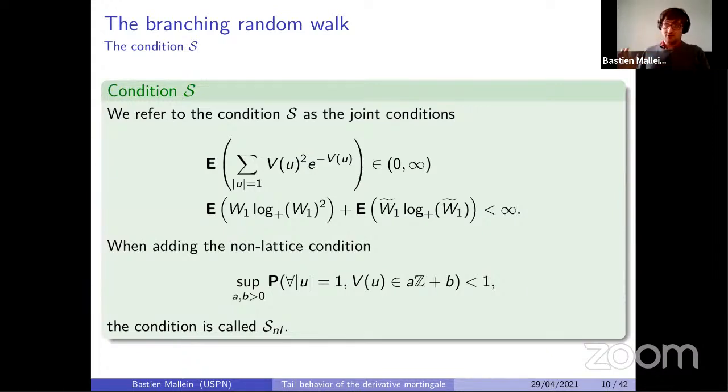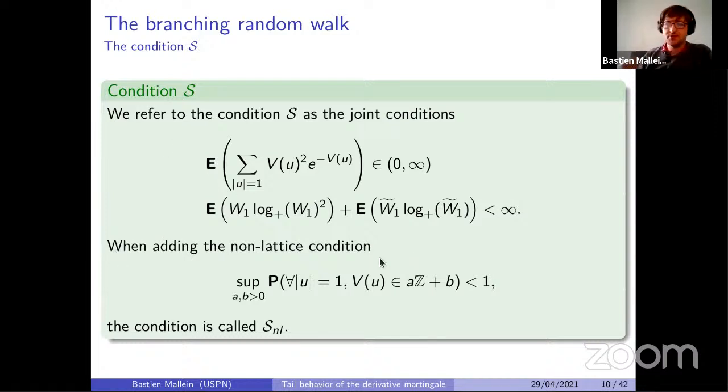So I will refer to condition S as the two joint conditions: the expectation of the sum of V(u)^2 e^{-V(u)} is finite, and the expectation of W1 log^+(W1)^2 plus W1 tilde log^+(W1 tilde)^2 is finite. Under condition S, I know that the derivative martingale converges toward a non-degenerate limit.